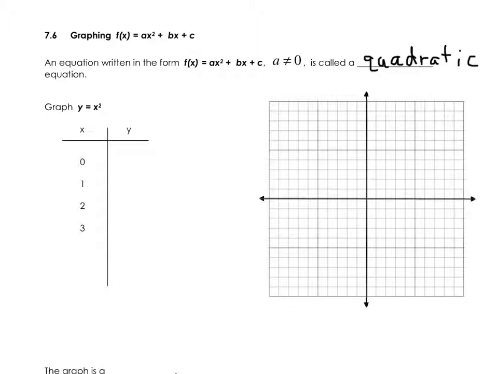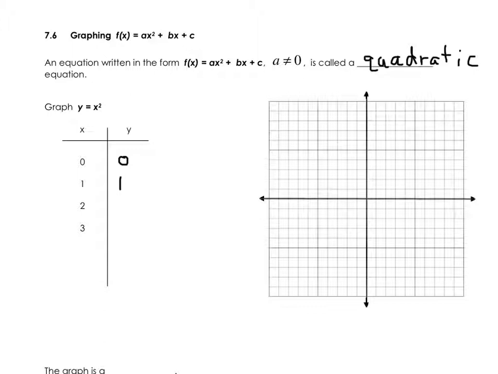And let's think about what that graph looks like. Using just some arbitrary values of x, we'll try letting x be 0. If x is 0 and y is x squared, what is y? Y is also 0. If x is 1, y is 1 squared, 1.